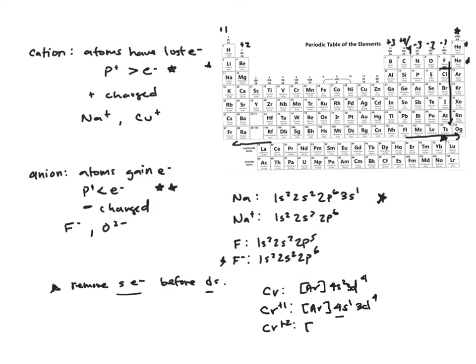I would remove the electron again from the 4s. Then if we continued to remove electrons, eventually I would start pulling them from the d's. So remember, guys, for your transition metals, you're going to remove your s electrons before your d's.